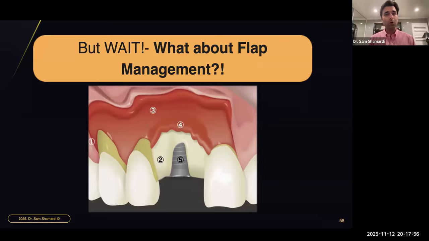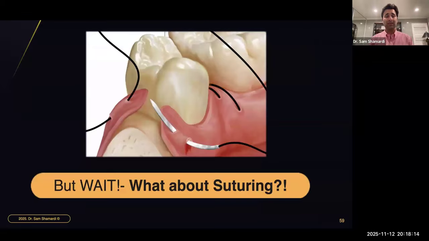Ultimately, you're going to be better off knowing that than trying to be quote unquote conservative, a word within perio I do not like, and ultimately missing out on a potential defect or more infection in the apical area because you weren't able to visualize things enough. So very, very important about flap management.